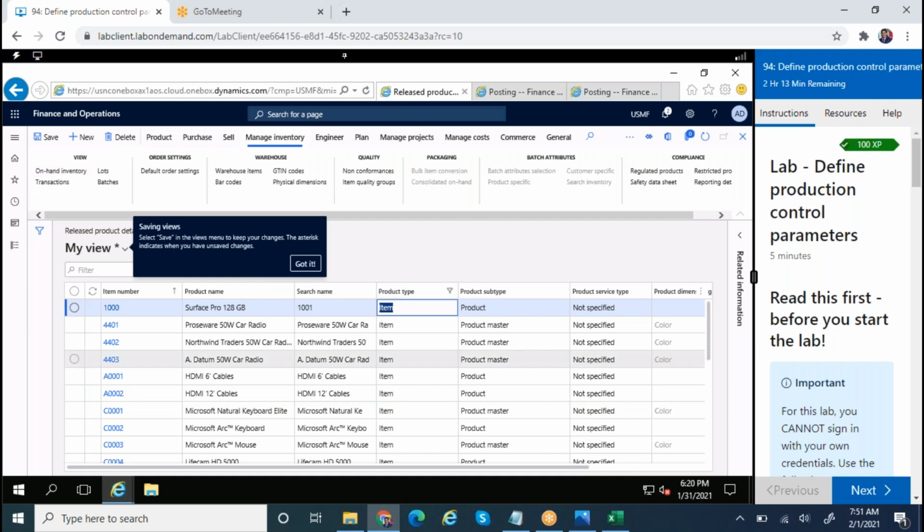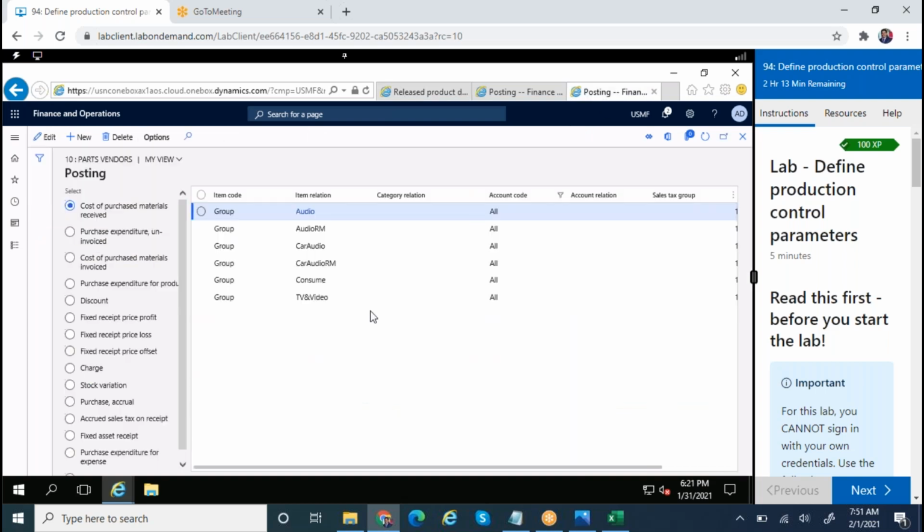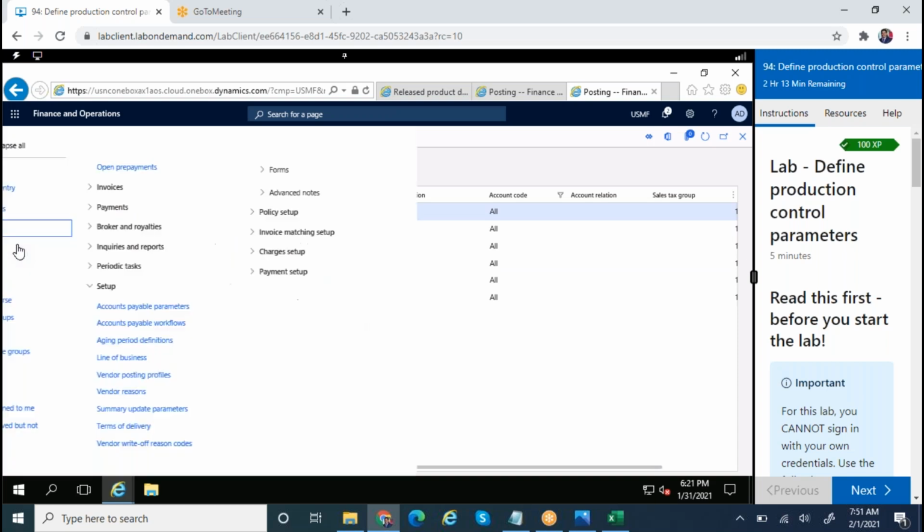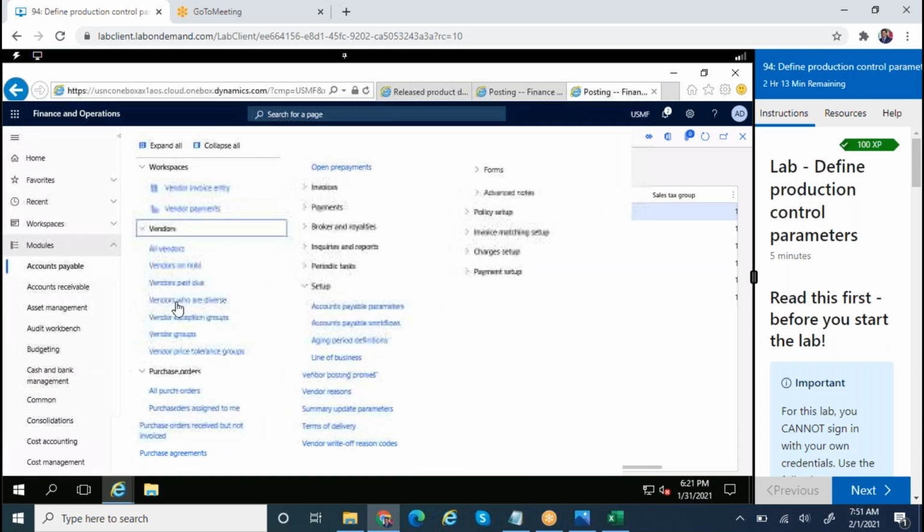Item type item also, for few items I don't want on hand inventory. What is the example for this one? Okay, suppose cleaning cloths. I'm purchasing cleaning cloth. Okay, so let me take example, a perfect example. Give me 1 second.